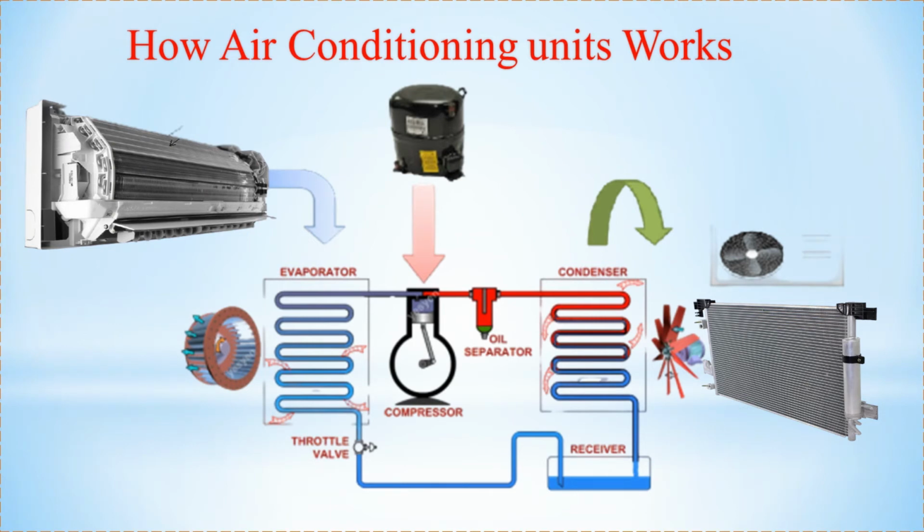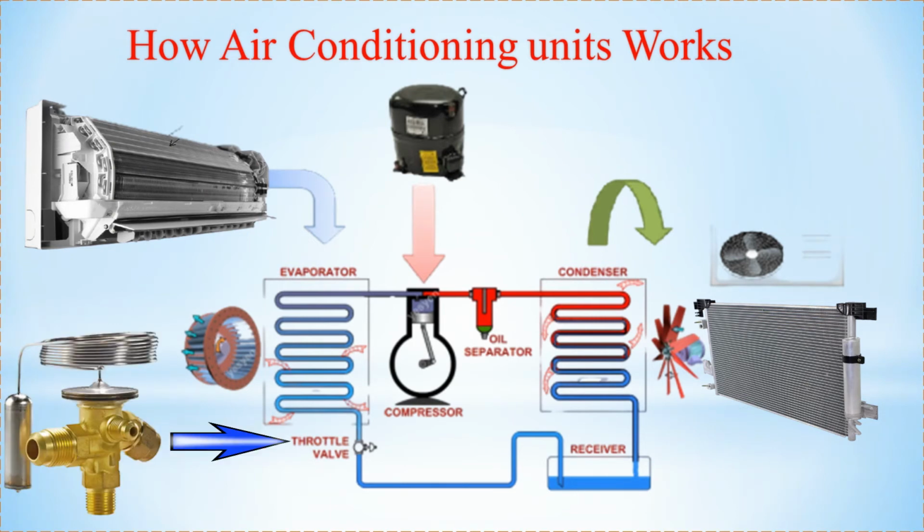The next one is the expansion device. In the expansion device, high pressure liquid refrigerant from the condenser is allowed to pass to the evaporator through the expansion device. A capillary or a thermostatic expansion valve is an expansion device through which the liquid refrigerant is throttled.